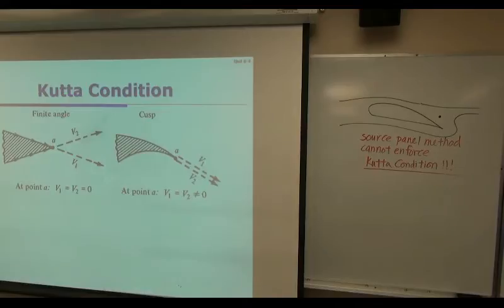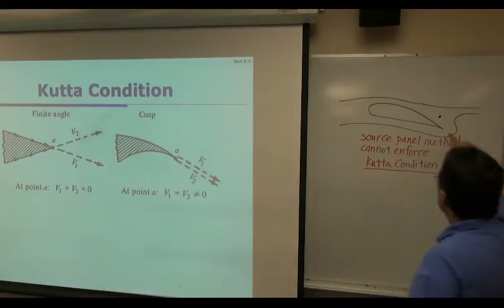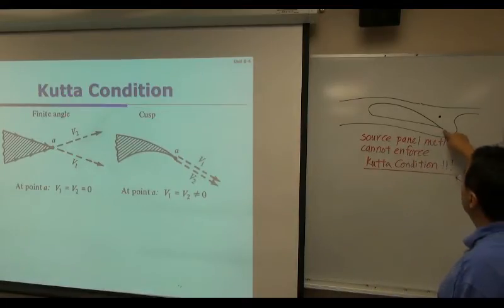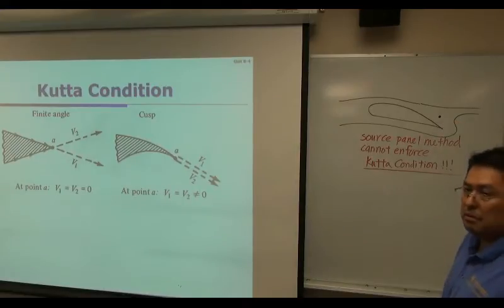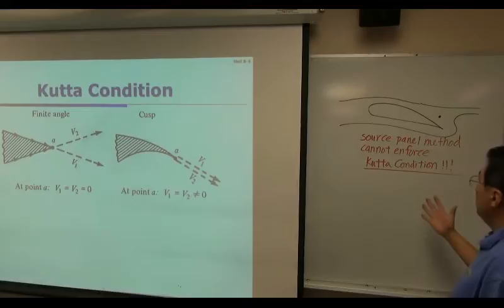In order to enforce the Kutta condition, either you create a stagnation point at the trailing edge, or you can adjust the flow here and here, making it equal to each other. Either way is fine, but there's no way in source panel method to do that.